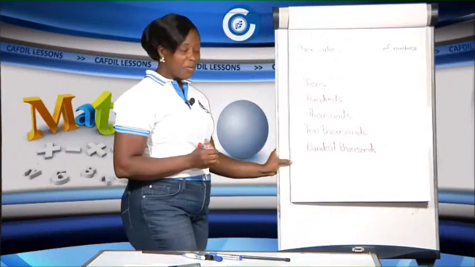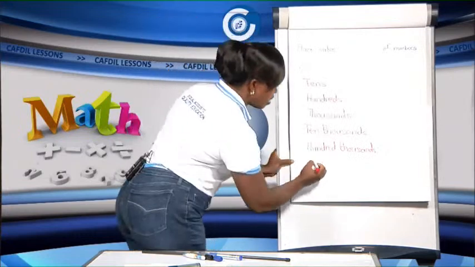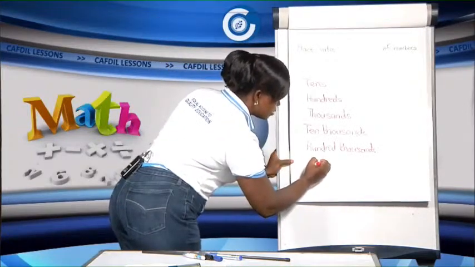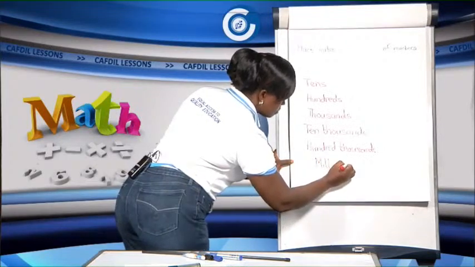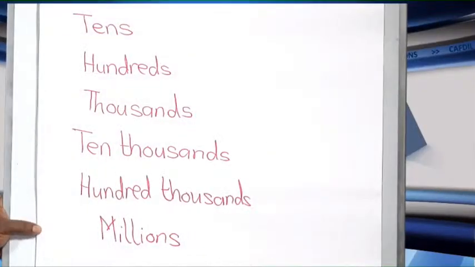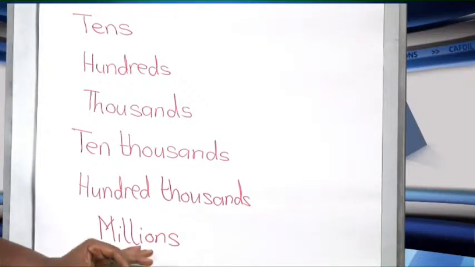And now, when we move from here, we get to the millions place. It doesn't end here. It continues like that. But for Basic 5, we're going to end over here, millions.